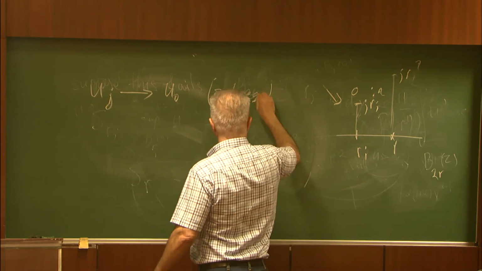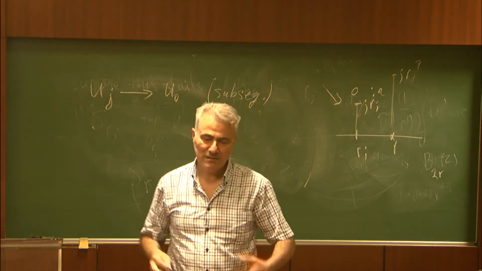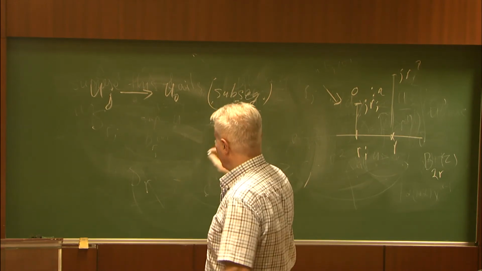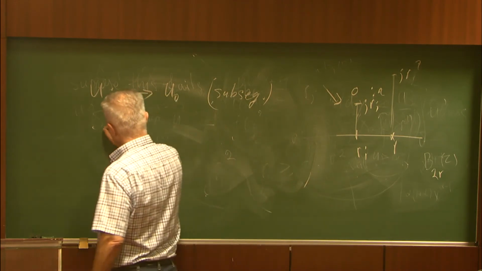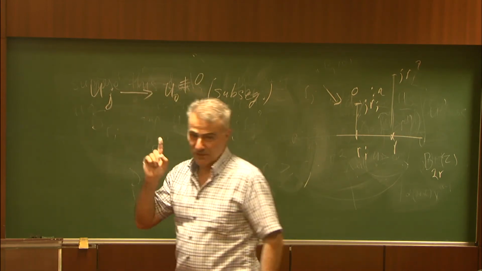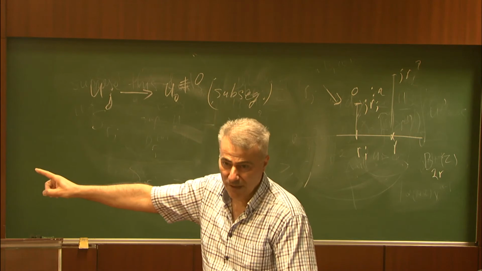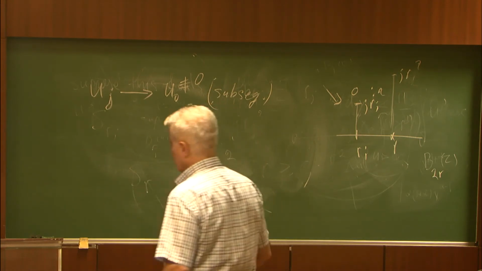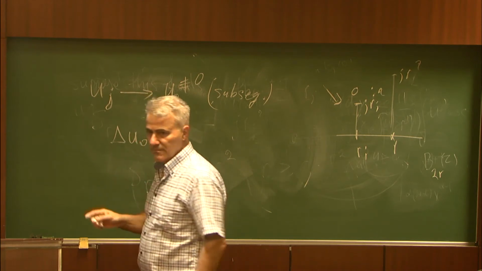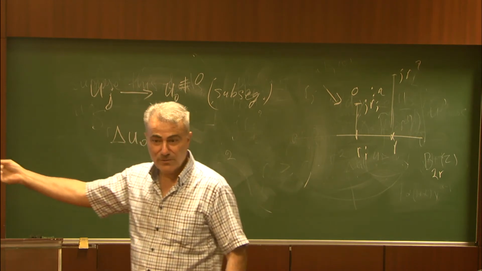So by compactness, or Arzelà type argument, for a subsequence converge to some function u0, which is not 0, because the supremum is 1 in the entire space, so the function exists. The Laplacian of u0 is what? 0. Yeah, because we have 1 over j.